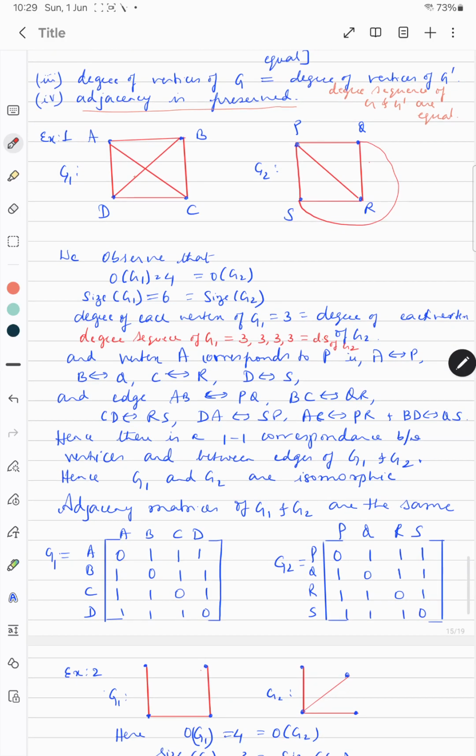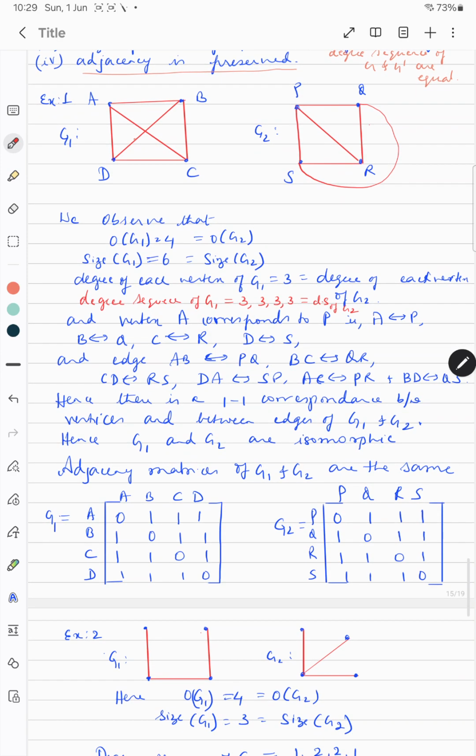And therefore, if we try to write the adjacency matrices of G1 and G2, we get these matrices. Let us just go through these matrices.